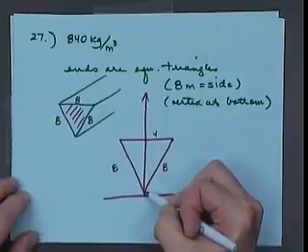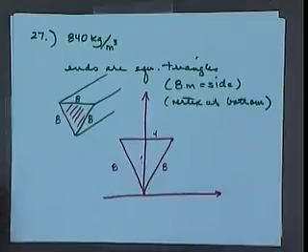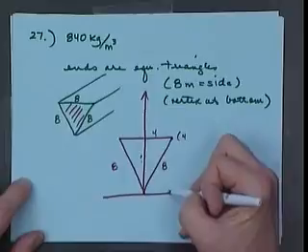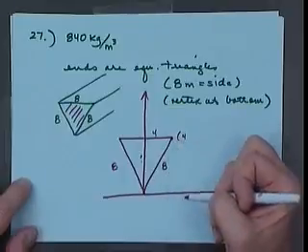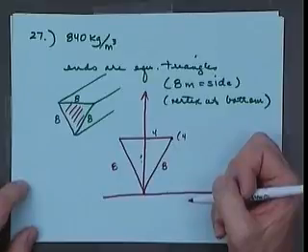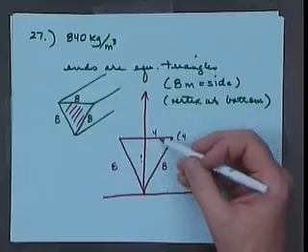We go over 4 and up something. What would that something be? 6.93. Exactly, the square root of 8 squared minus 4 squared, square root of 48.